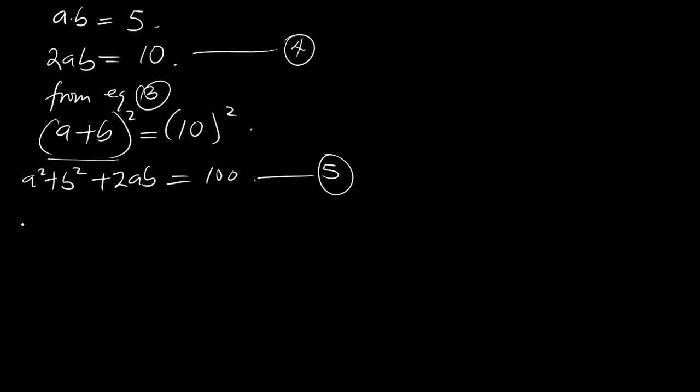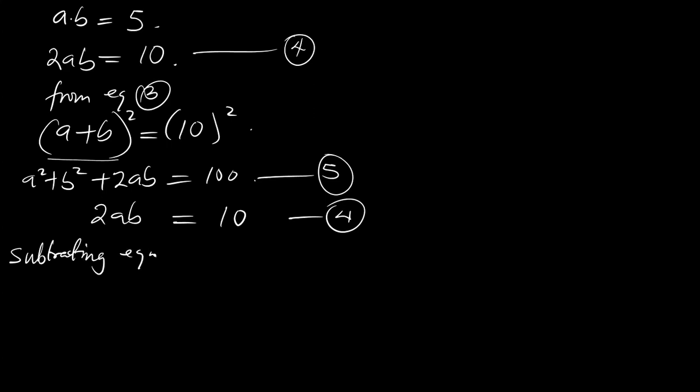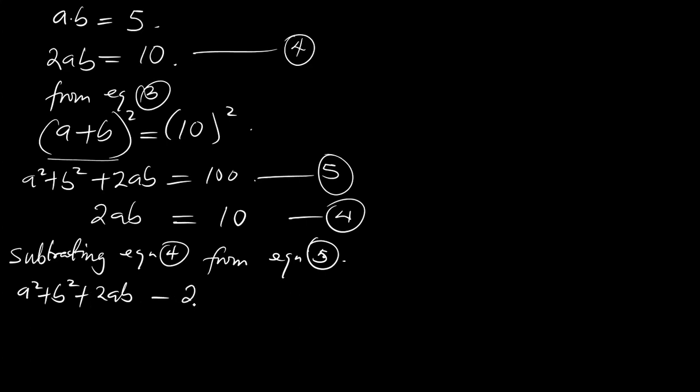So now we have equation 5. Now let's also write down equation 4. We have 2ab equal to 10. That is equation 4. Now subtracting equation 4 from equation 5, you have a squared plus b squared plus 2ab minus 2ab.